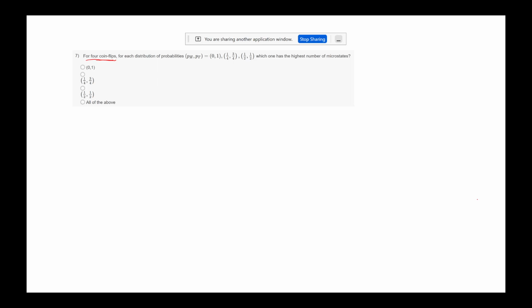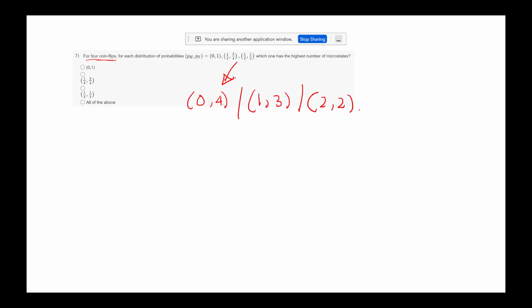So here, probability 0, 1 means there are 4 coin flips. So number of heads is 0, number of tails is 4. Here number of heads is 1, number of tails is 3. Here 2 heads, 2 tails. Now how can you distribute this?